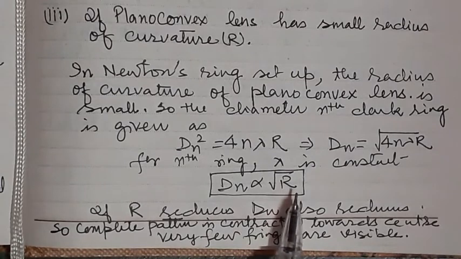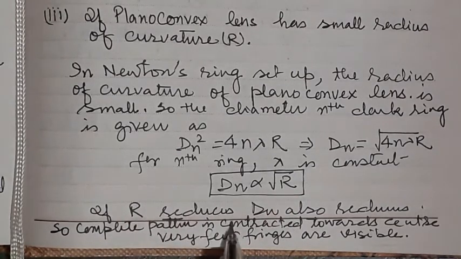Because of this direct proportionality, if R reduces, Dn also reduces. So the complete pattern contracts towards the center, and very few fringes are visible.